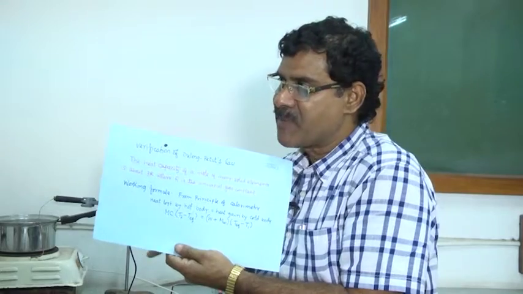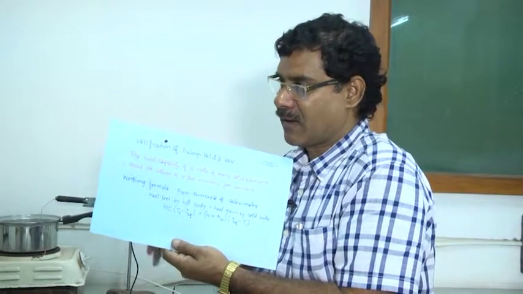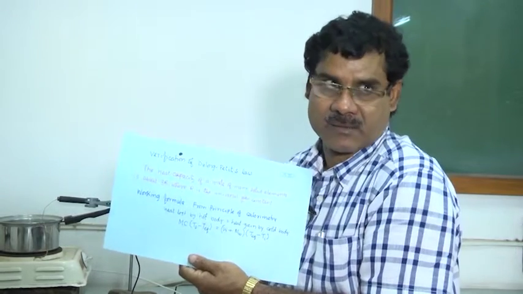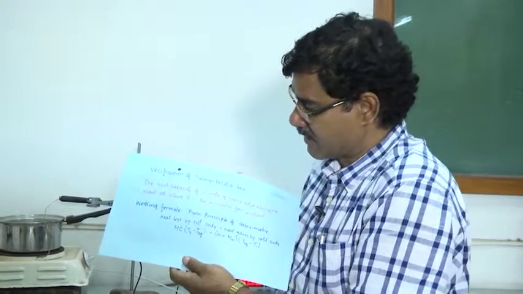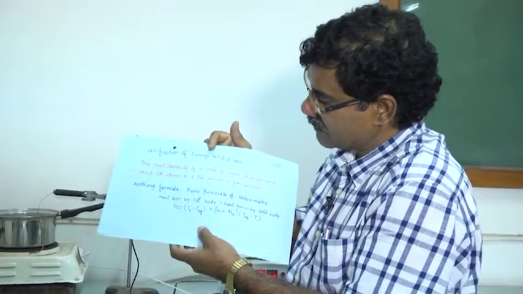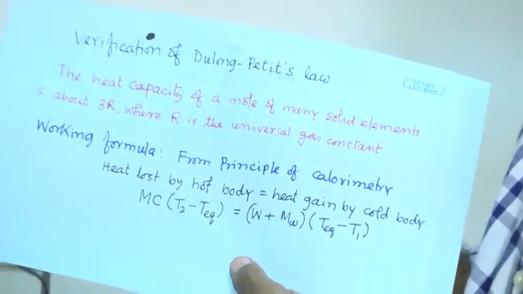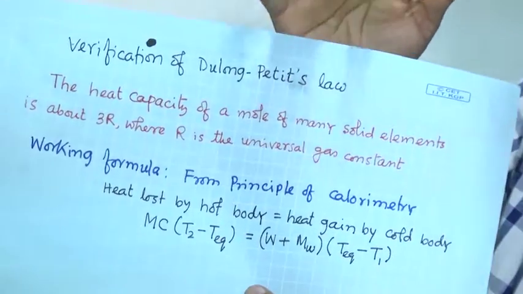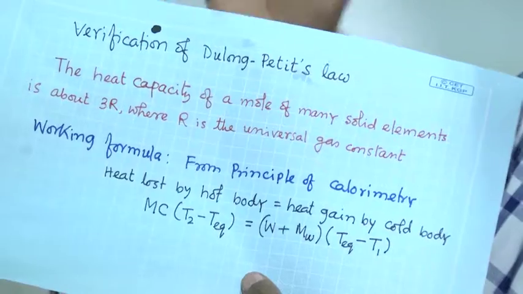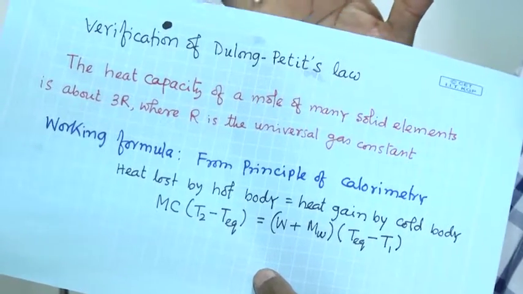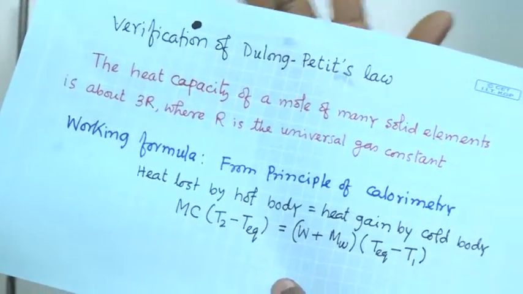So, this arrangement, wherever it is done, is called a calorimeter. Now, as I told, for solid metal we want to verify this law. That means I have to find out the molar heat capacity of the metal.